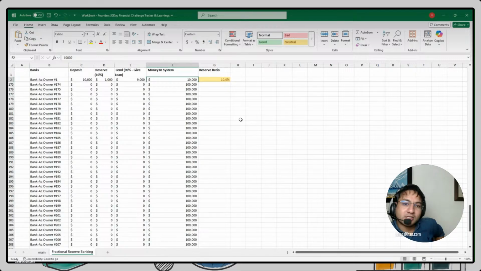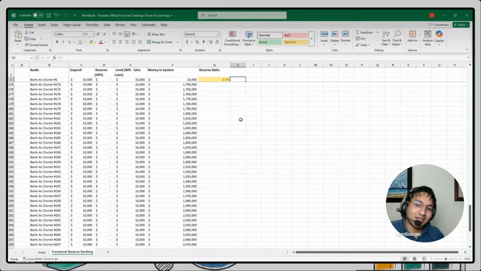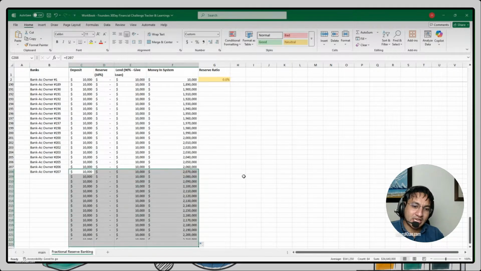But for example, if we have around 0% reserve, where the bank keeps no money in hand and gives away all of the amount they have, what is going to happen? Then there will be an infinite money supply.